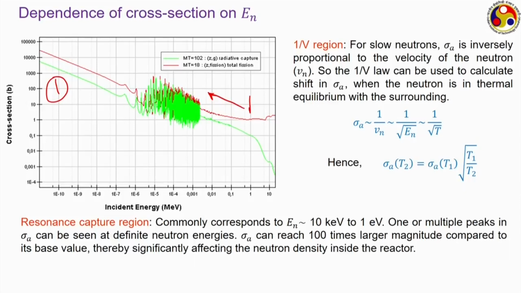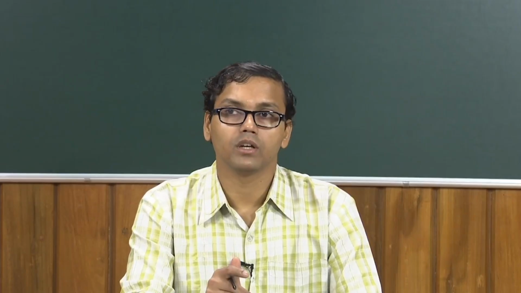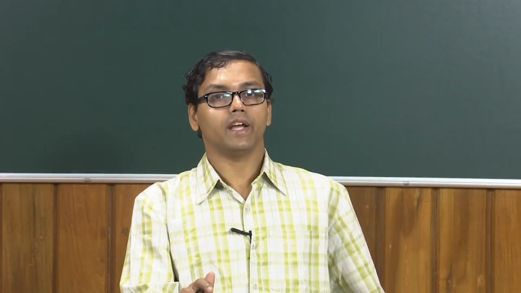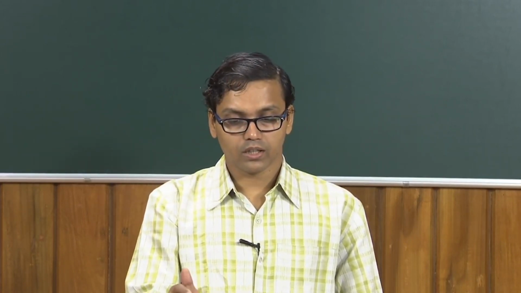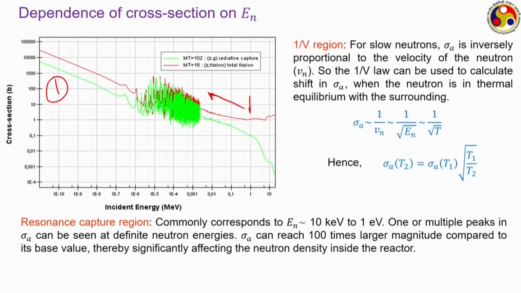This is a non-fission capture reaction, sometimes also called the resonance capture reaction, and therefore it is better to avoid it. Actually, we can't avoid this, but an attempt is always made to pass through this region as quickly as possible, so that the loss in the number of neutrons is not very significant.